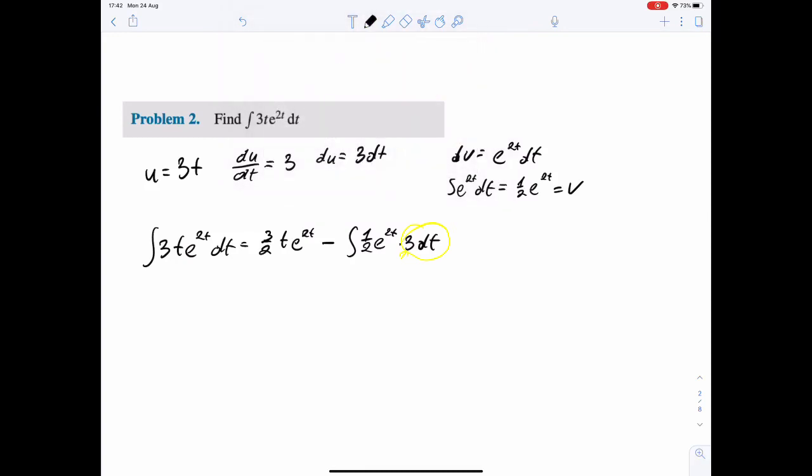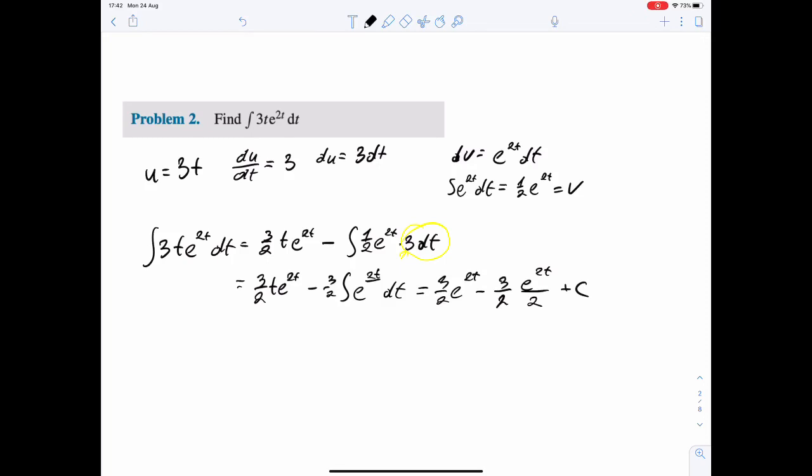So when I integrate it all and simplify, I'm going to get on the left hand side the integral, so that will rewrite 3 over 2 t e to the power of 2t minus 3 over 2 integral of e to the power of 2t dt, and that simplifies to 3 over 2 t e to the power of 2t minus 3 over 2 e to the power of 2t over 2, and then obviously plus c.